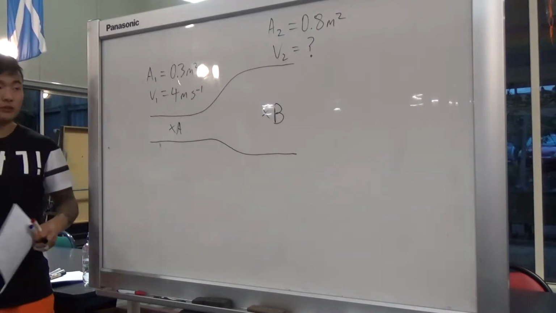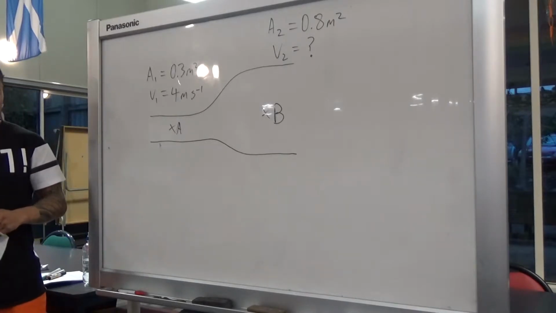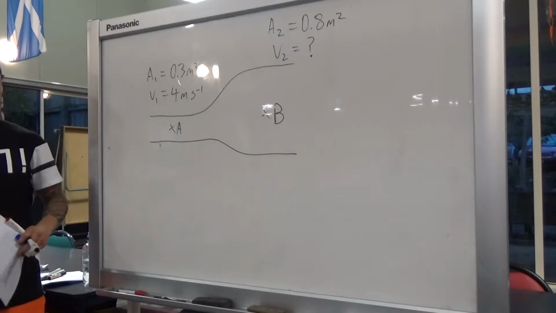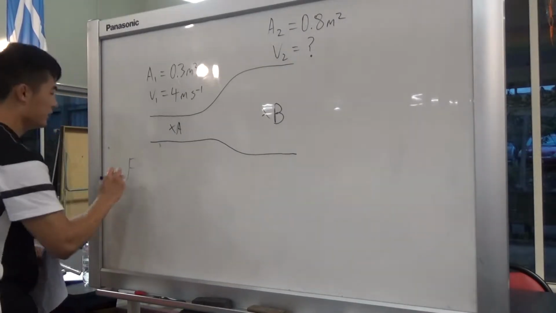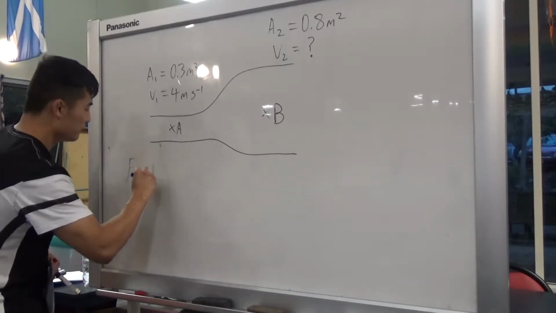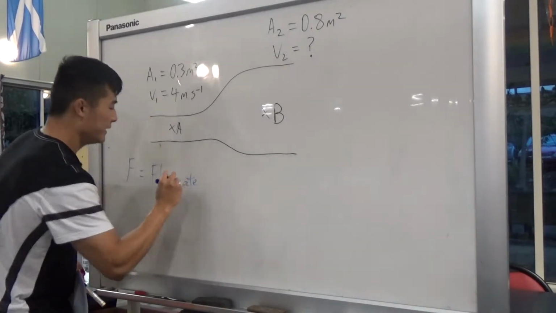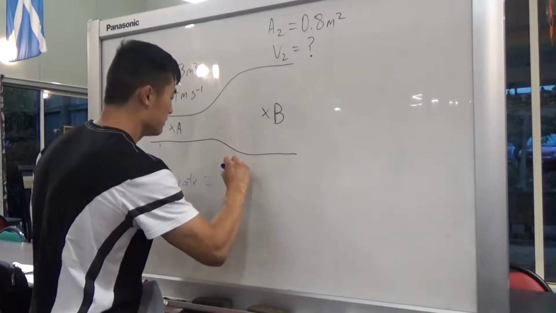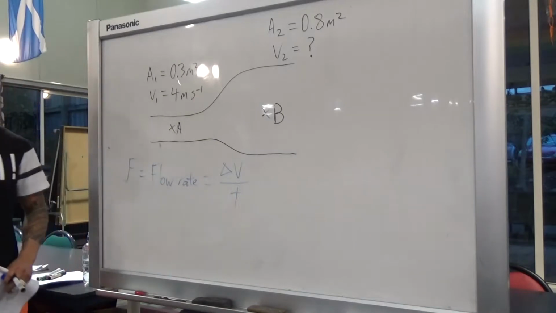Okay, so what you need to understand is that the amount of liquid, the flow rate, so this symbol here is for flow rate. So flow rate, and then the equation is the amount of volume per second.